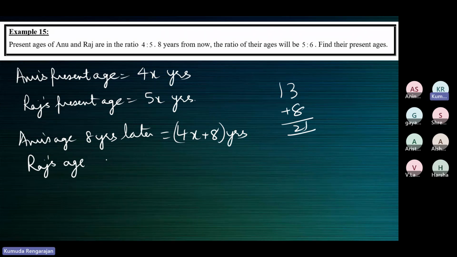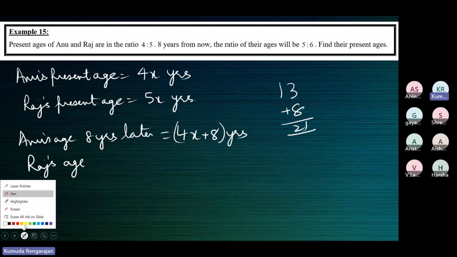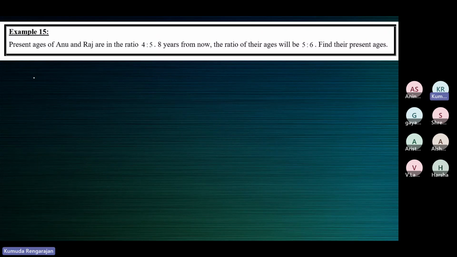Thank you, Anantika. Class, all of you please acknowledge. Let me write it from the beginning. What is Anu's present age? When I ask you what is Anu's present age, you cannot tell me the number. I'm asking you the assumption.